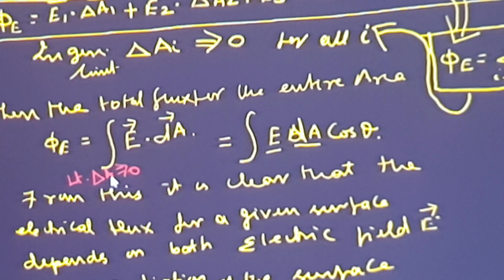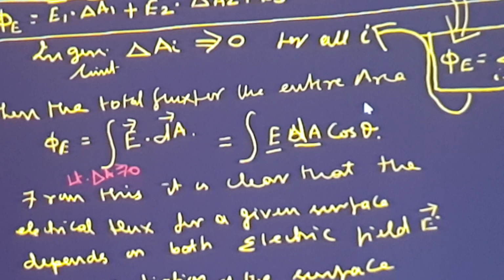While studying calculus in mathematics, you might have known this. So, removing this summation and considering this limit delta Ai tends to 0, I write the electric flux due to the electric field in the given arbitrary area as the integral of E vector dot dA vector, which is equal to the integral of modulus of E vector into modulus of dA vector into cos theta.